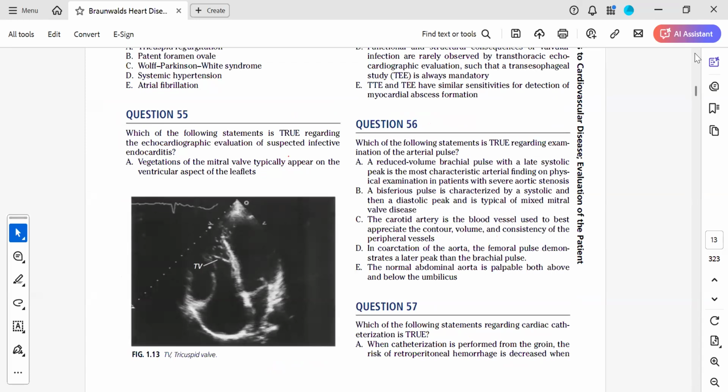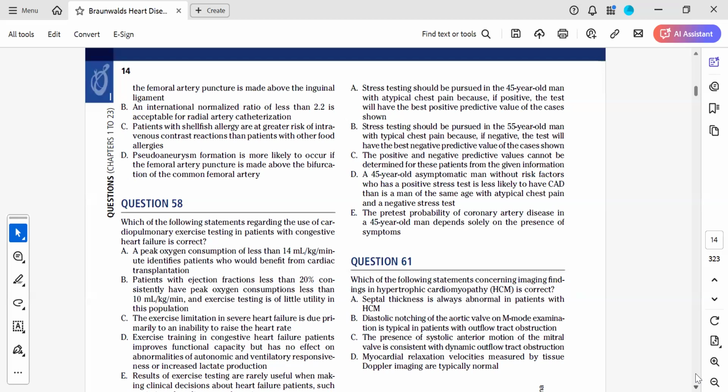Which of the following statements regarding cardiac catheterization is true? A. When cardiac catheterization is performed from the groin, the risk of retroperitoneal hemorrhage is decreased when the femoral artery puncture is made above the inguinal ligament. B. An international normalized ratio of less than 2.2 is acceptable for radial artery catheterization.